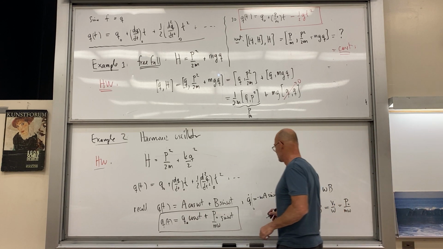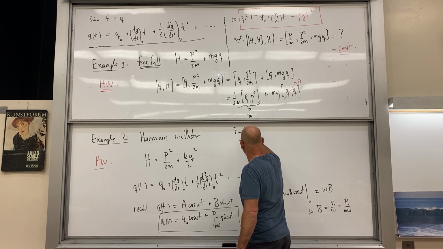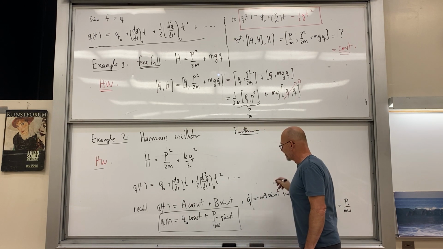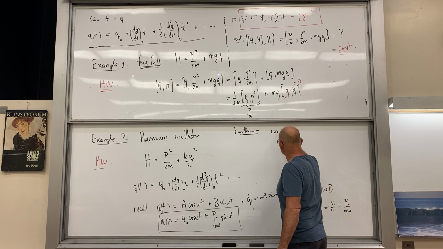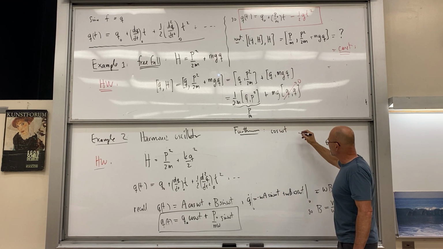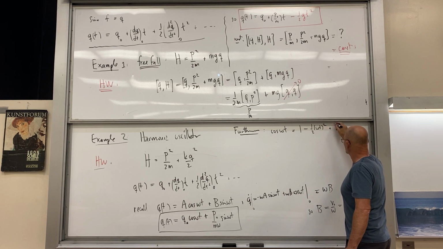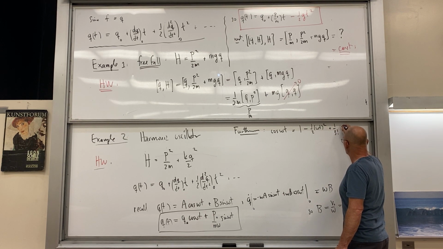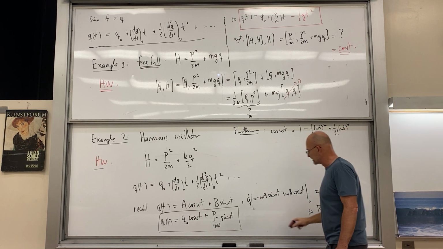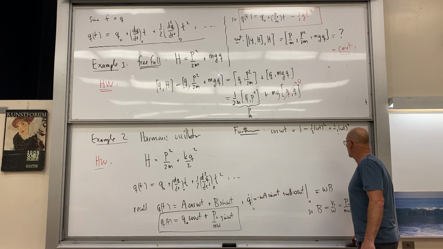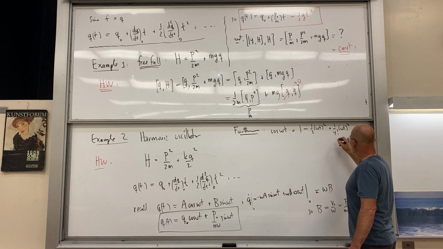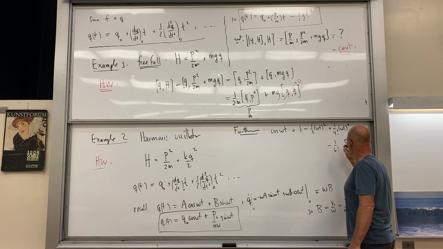Furthermore, cos omega t goes like this. So you have to remember these power series. You have 1 minus 1/2 omega t squared plus 1 over 4 factorial omega t to the 4th minus 1 over 6 factorial omega t to the 6th.